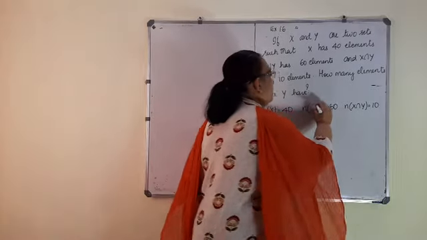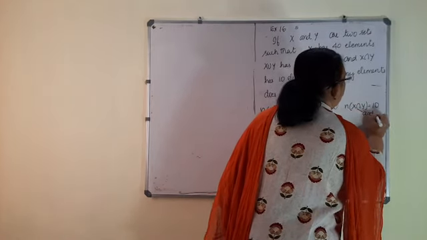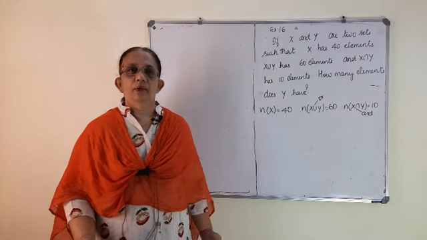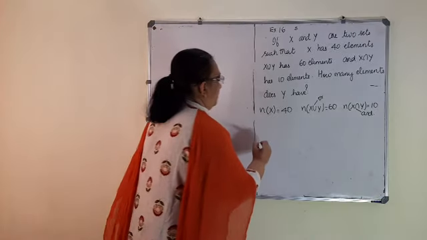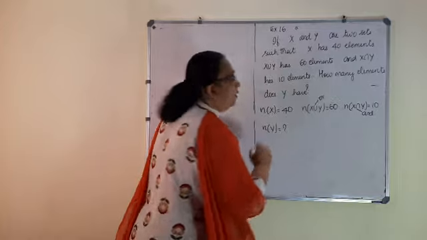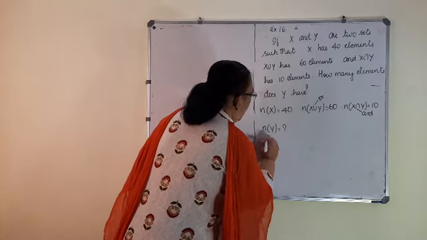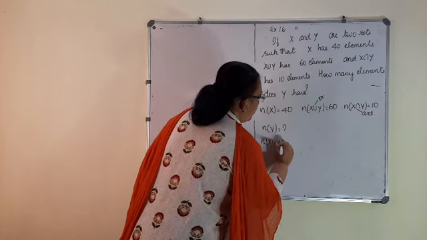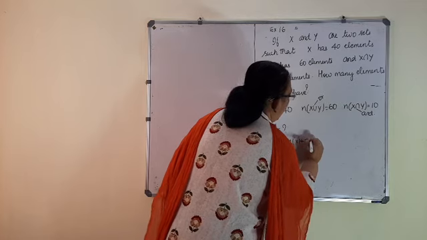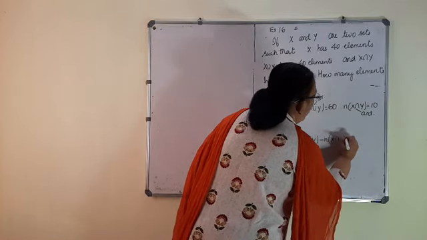Union means or, intersection means and. How many elements does Y have? You have to find the number of elements in Y. So what is the formula you recollect? N of X union Y is equal to N of X plus N of Y minus N of X intersection Y.